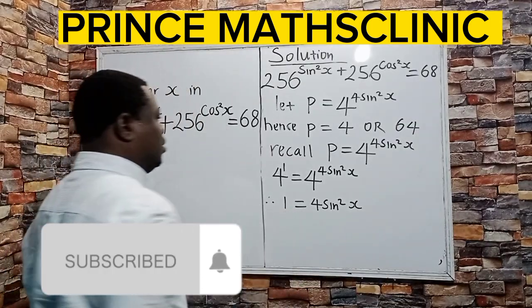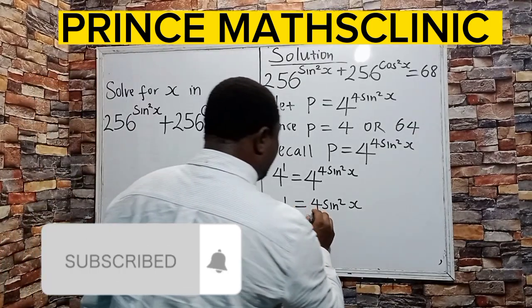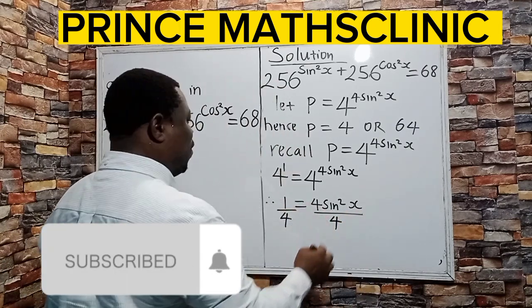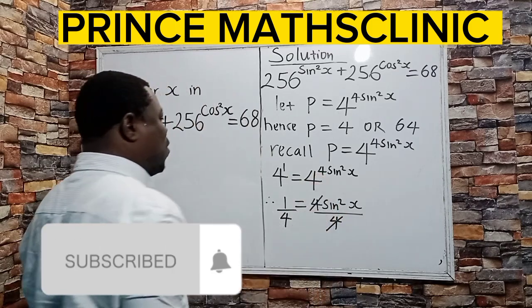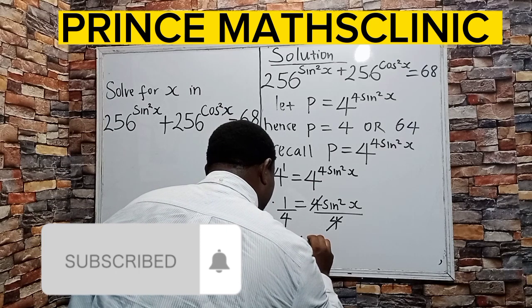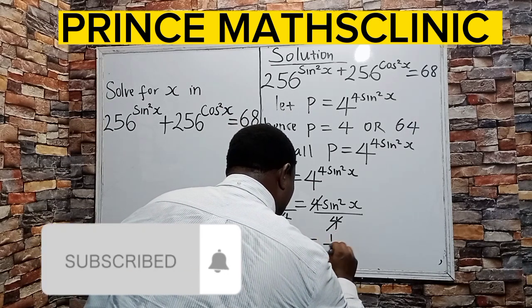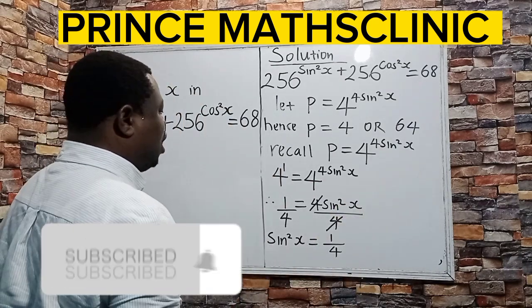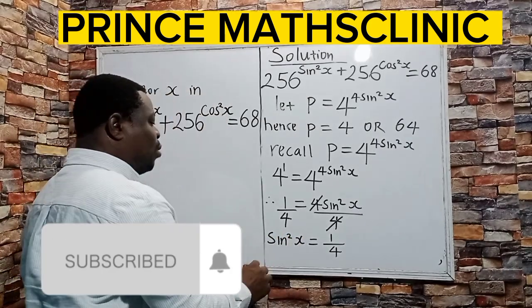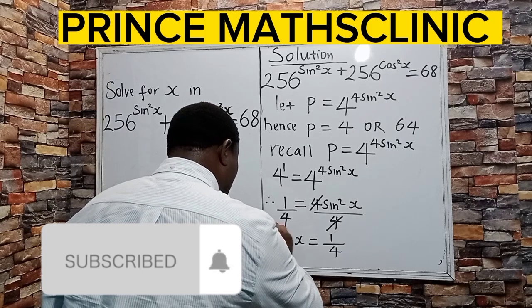From here, we can divide both sides by 4. Divided by 4, 4 cancels 4. And we can say that our sine square x is equal to 1 over 4. In order to obtain a value for sine x, we have to take the square root of both sides.